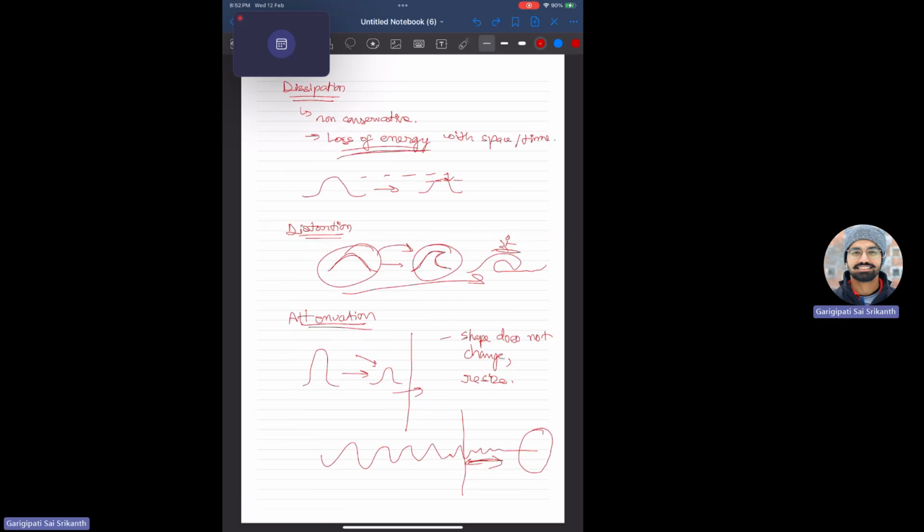And then we speak of dissipation. Dissipation specifically talks about loss of energy with space-time, and there has to be loss of energy as the wave is propagated. And then we talk of distortion. Distortion typically is a nonlinear phenomenon where you have some shape and then that shape distorts.